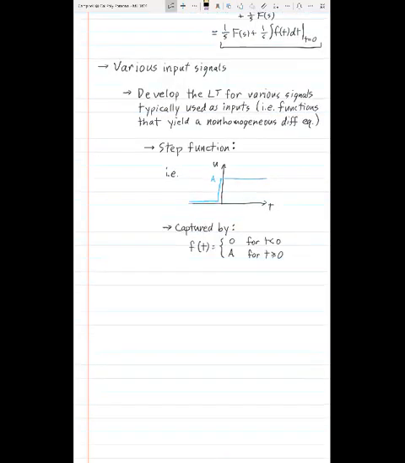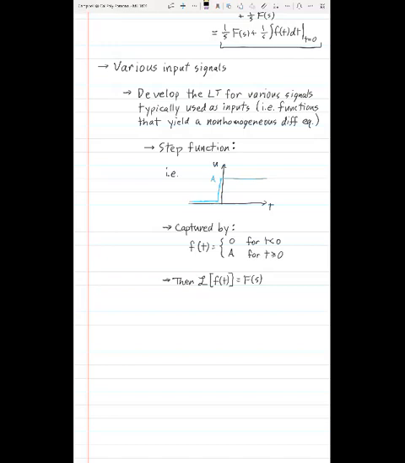So let's go ahead and find the Laplace transformation for this particular function. So we have the Laplace transformation of f of t, which is equal to F of s, of course.